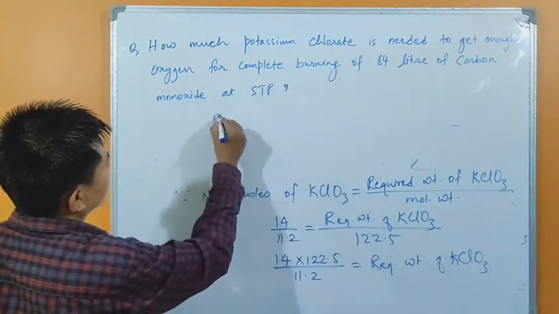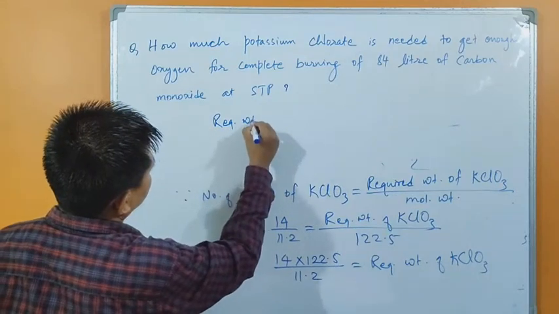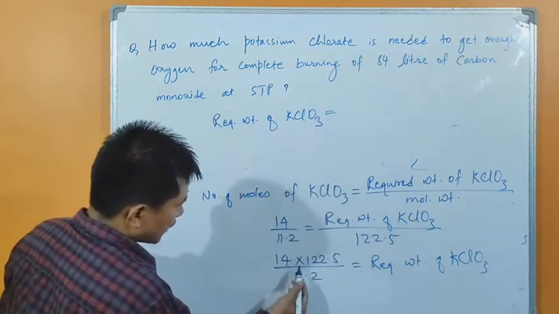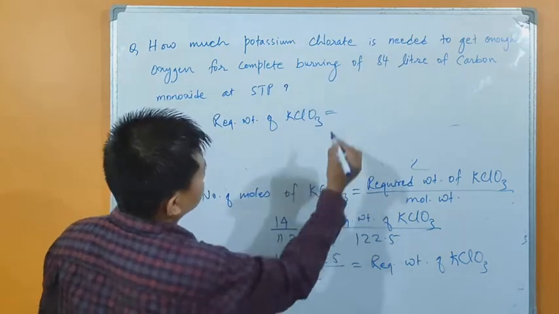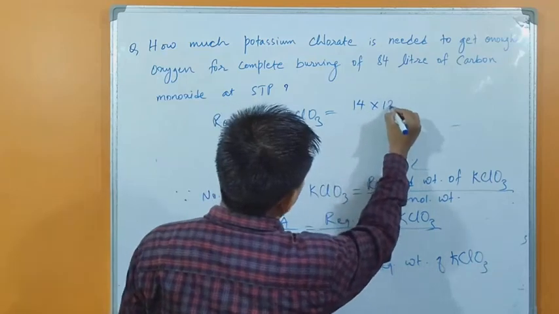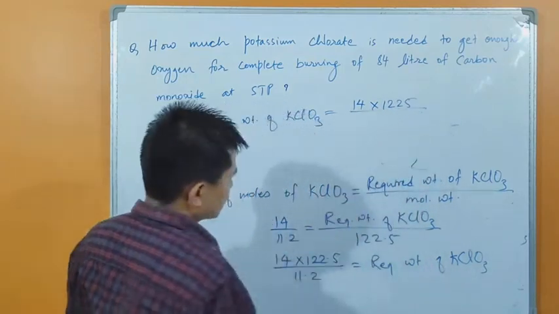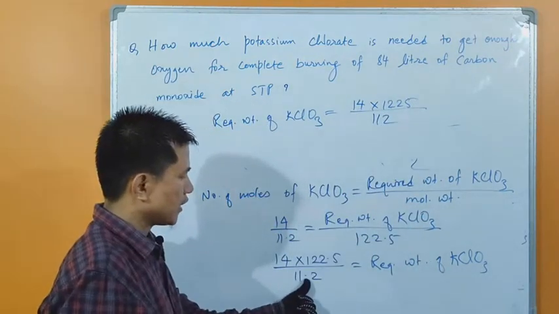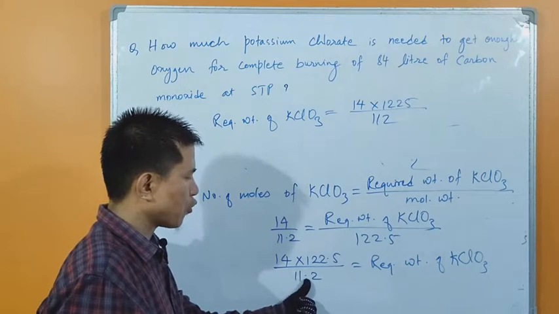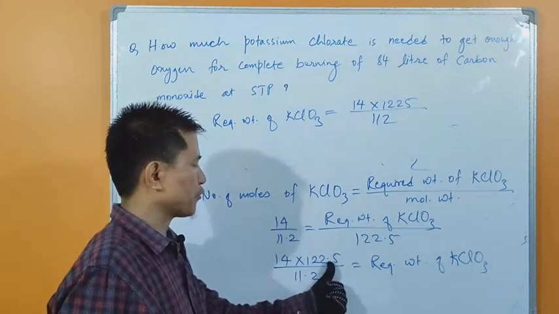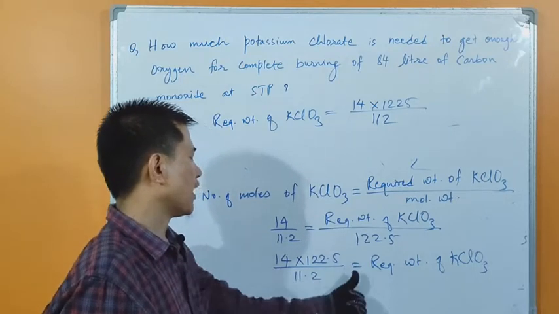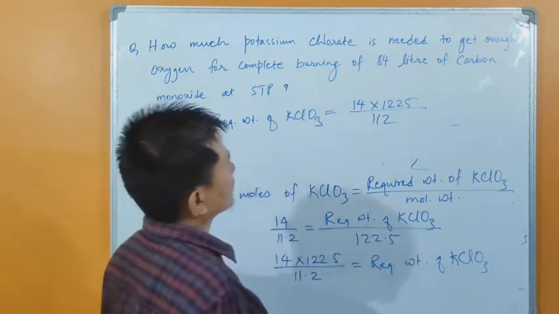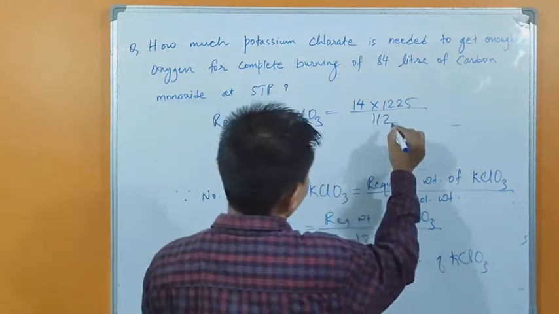Required weight of KClO3 equal to 14 into 1225 upon 112. I am just removing the decimals from the numerator as well as denominator at the same time. Now let us calculate.